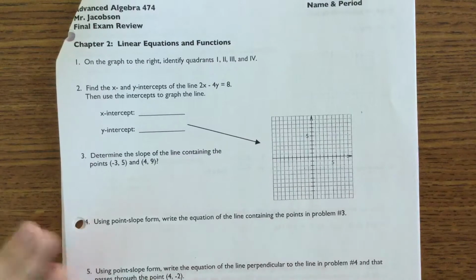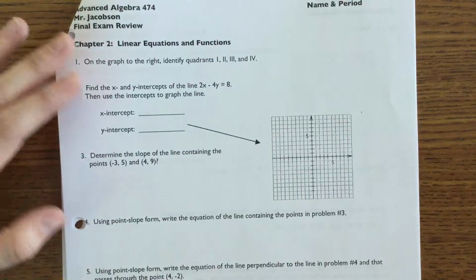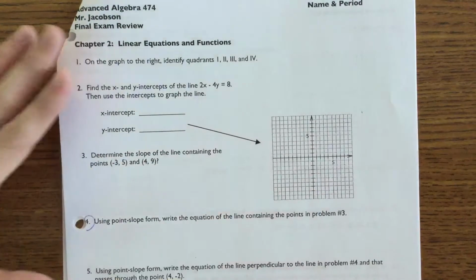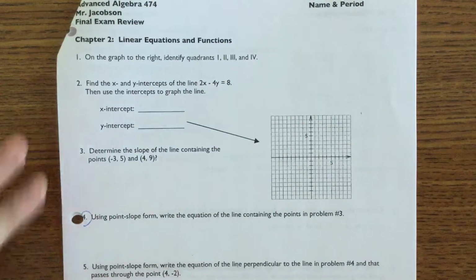Anything else? Nothing else, just 6 and 7? Miss Miranda? How about we go over 4? Sure. Is that okay? Yeah. Okay.